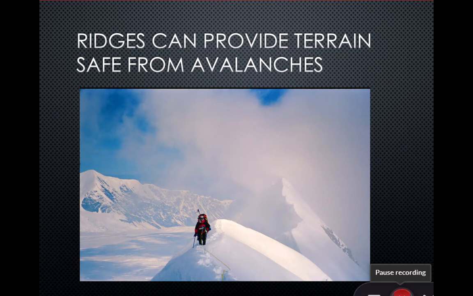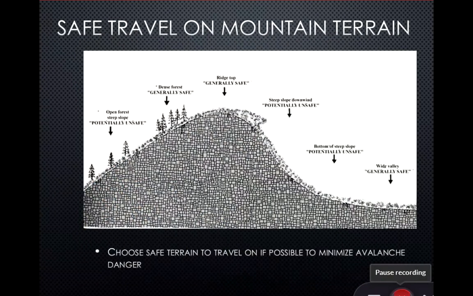Now in this picture you can see, we may not have a high avalanche risk or a risk of slab avalanches, but there are other risks involved in certain terrain features. This picture is really one of the big takeaways from this whole presentation, and that is finding terrain where you can minimize your avalanche risk.